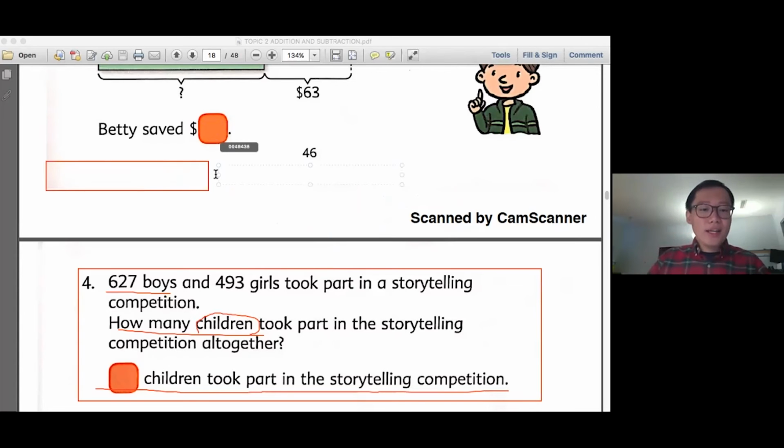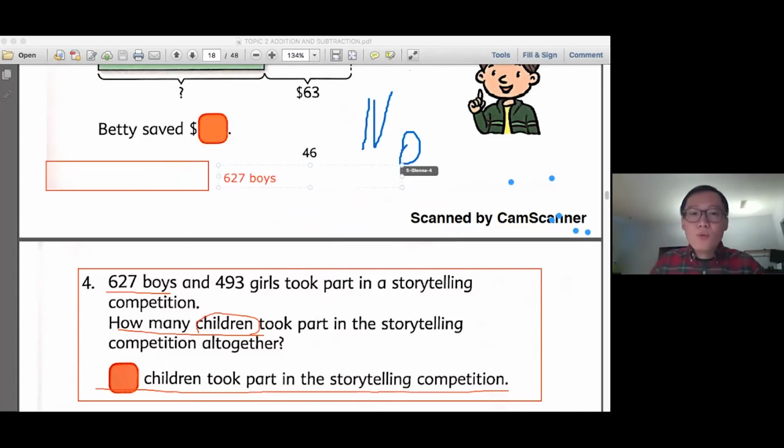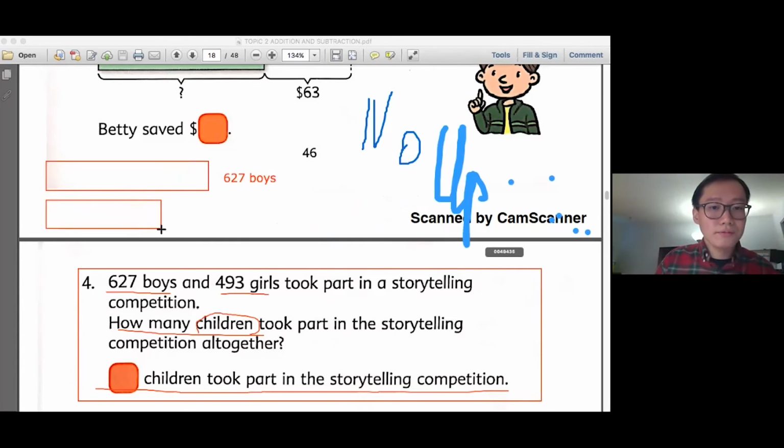So the first bar is boys, 627 boys. And then we have another bar that must be for girls, 493. You know, 493 is smaller. That means the bar will also be shorter. And thicker a little bit, I guess.